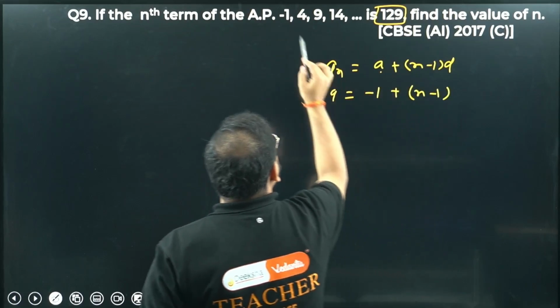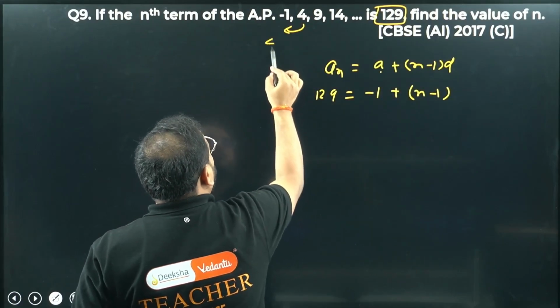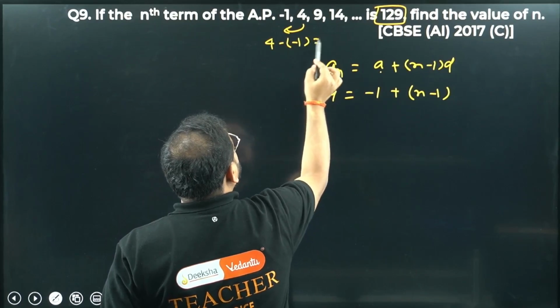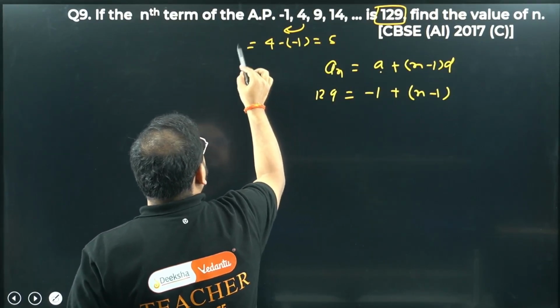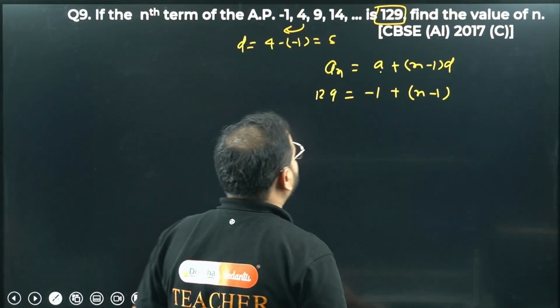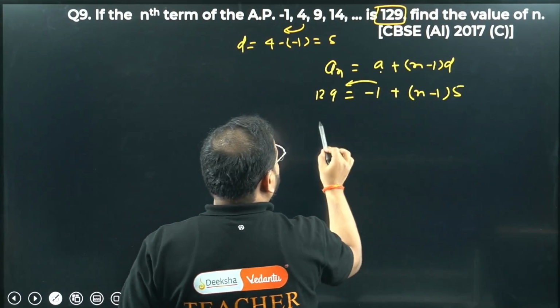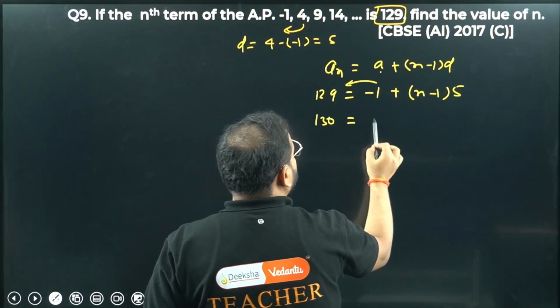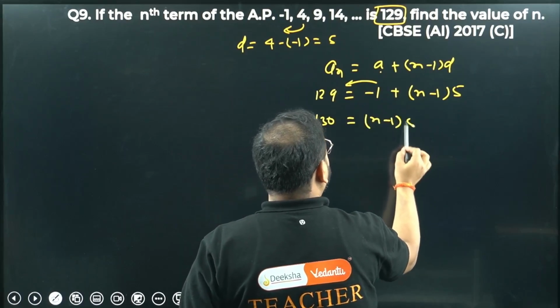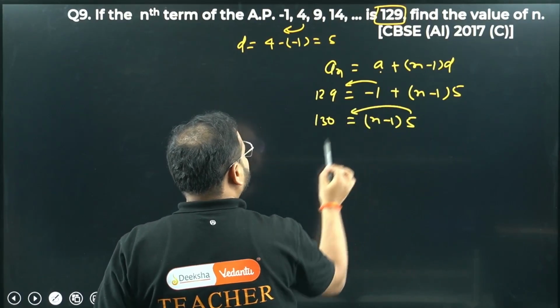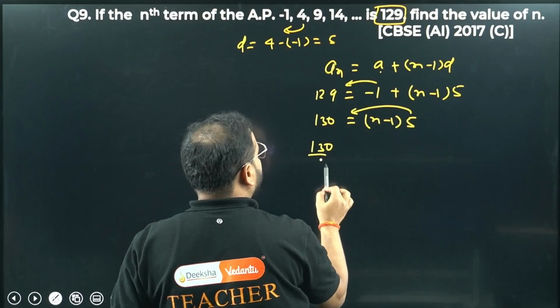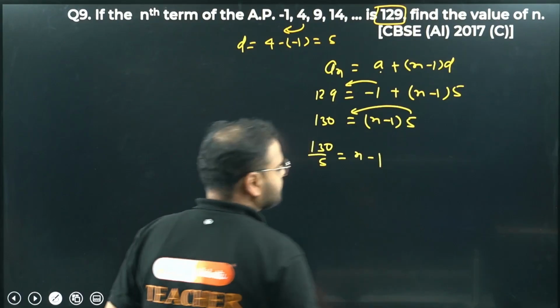The common difference is 4 minus of minus 1, so 5. Times 5. Bring this 1 over here. It becomes 130 equals n minus 1 times 5. Now bring this 5 over here. It becomes 130 by 5 equals n minus 1.